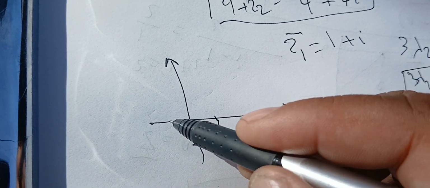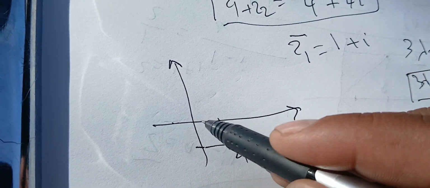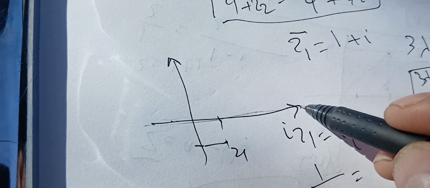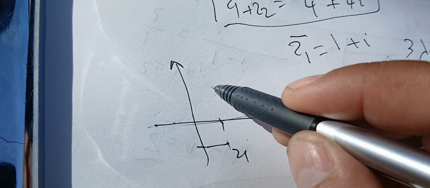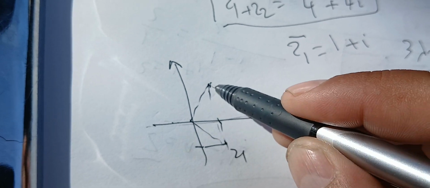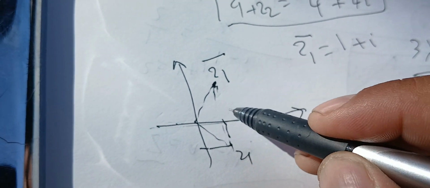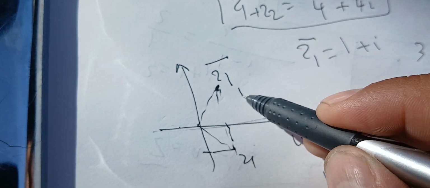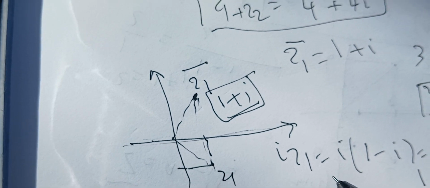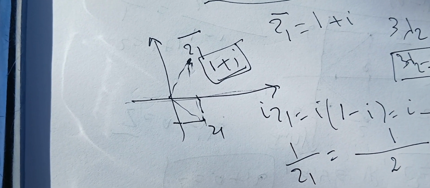It's symmetric with respect to this line here, the real axis. So if this is z1, it's symmetric, and this is z1 bar. It has values 1 plus i, according to our definition of the complex numbers.